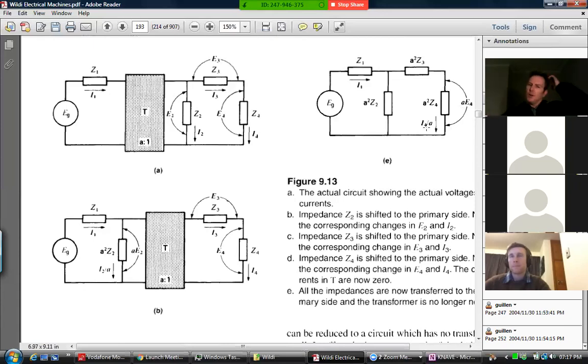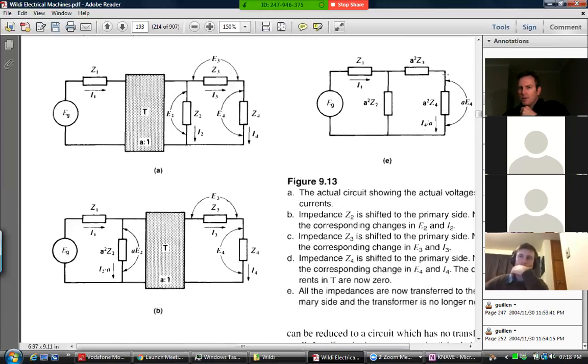So every time, again for this equivalence business, you move an impedance from a secondary to a primary, you need to bear in mind that if you now solve for a current through this one based on this equivalent circuit, and you find a current, the current that you've just found is actually not equal to this current, it's equal to that current divided by A. So to solve for the actual current here, you must take whatever current you found here and multiply it by A because you actually want that one.